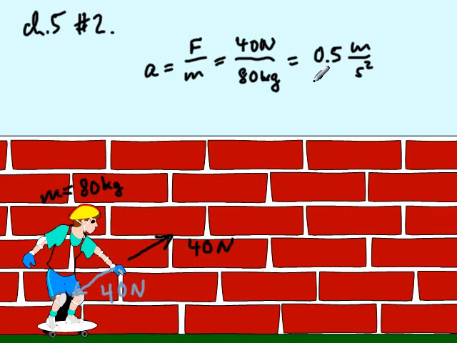And that's how fast you or the boy would accelerate, as long as you are exerting that 40 newtons on the wall, and the wall in turn exerts 40 newtons on you, which might be just for a second or so. So for that time you have that acceleration and it gets you some speed, and once you're off the wall, well, you're not accelerating anymore because you're not pushing anymore.